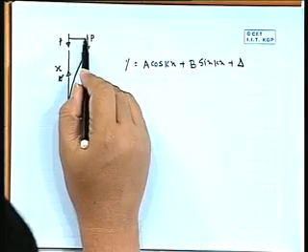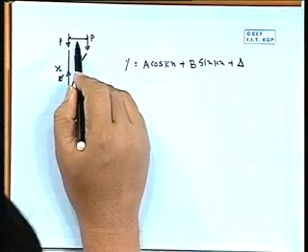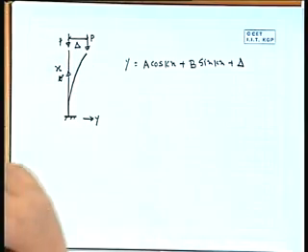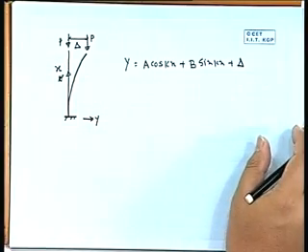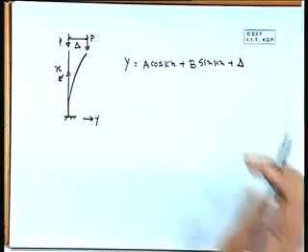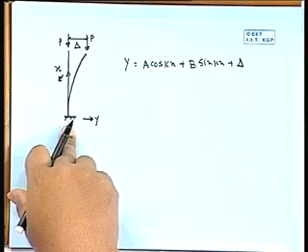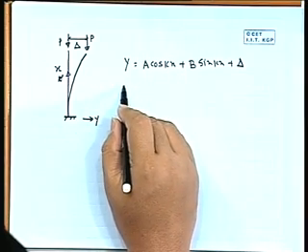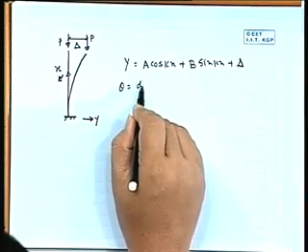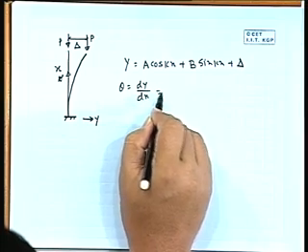Delta we have defined, this is delta. Now, we have to put the boundary condition, right. So, first here the deflection is 0, slope is also 0. Now, slope will be theta equal to dy by dx. Let us take the derivative.